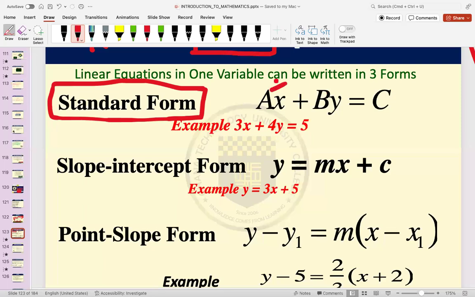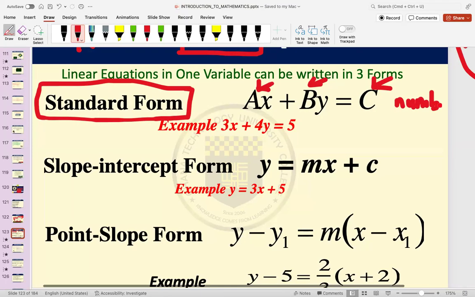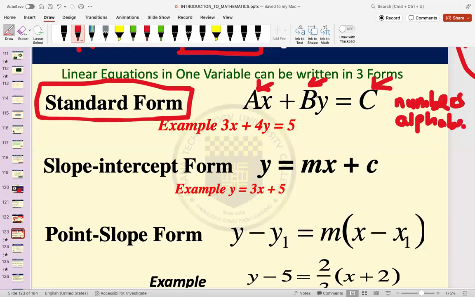Now the a, the b, and the c that are written in uppercase form, they will always be numbers. And then the lowercase x and y will always be alphabets. That is how those equations look.